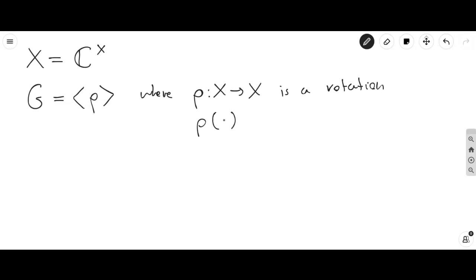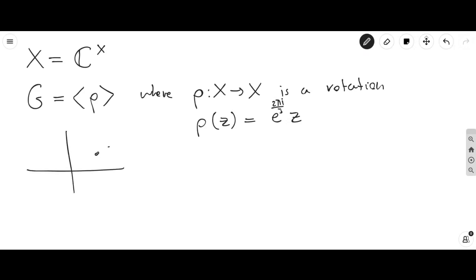So rho of a complex number Z will map that complex number to itself multiplied by e to the 2 pi i over 3. So this is a rotation by 120 degrees. This is actually the reason why you want to stay away from the origin, because otherwise it's not a homeomorphism. The origin will go to itself under a rotation. But that's basically what this map is doing.